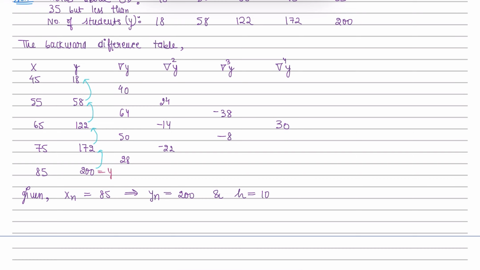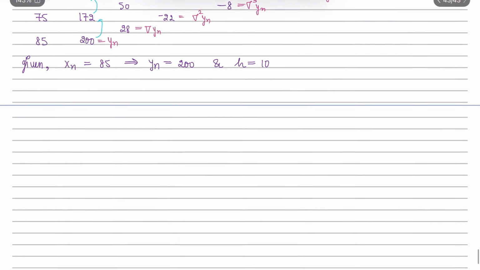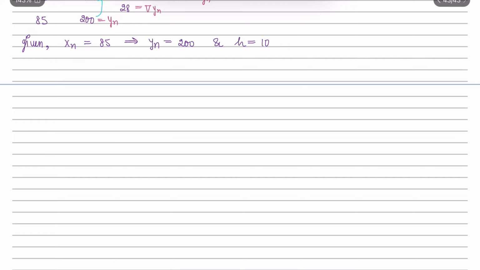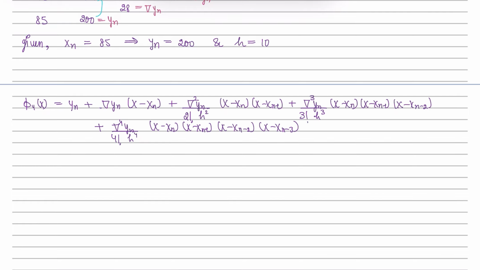Therefore, using this as yn, this will be my first backward difference of yn, second backward yn, third backward yn, and fourth backward yn. Using this in the backward interpolation formula, since we know all the values here and we are interested in finding the value at 80. Why 80?